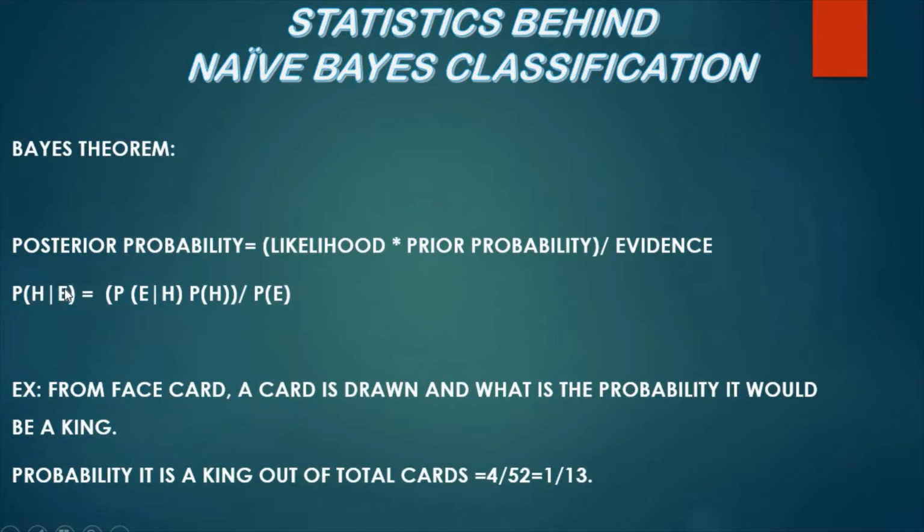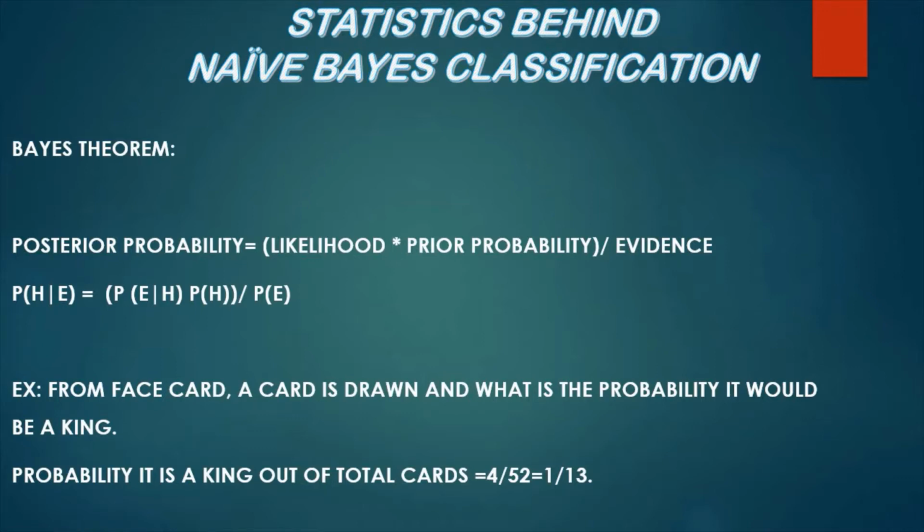I repeat, the probability of occurrence of a hypothesis H if evidence E is already provided. This can be calculated with the help of this equation, called the Bayes equation: it is equal to the probability of evidence given the hypothesis multiplied by the probability of the hypothesis divided by the probability of the evidence.